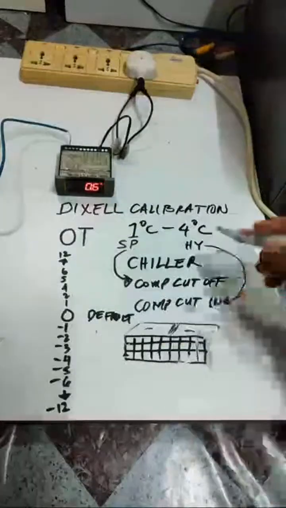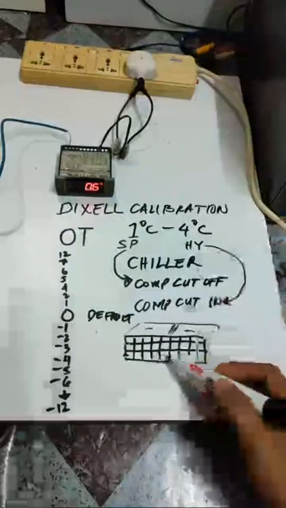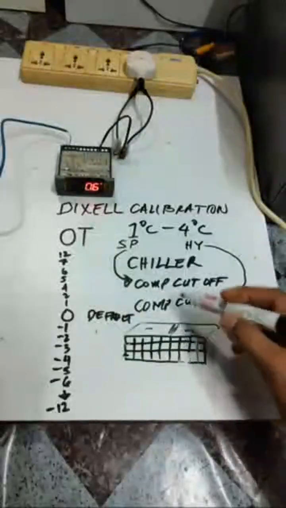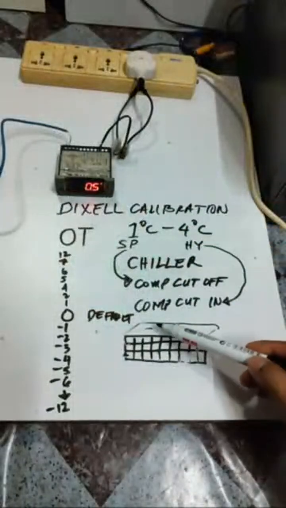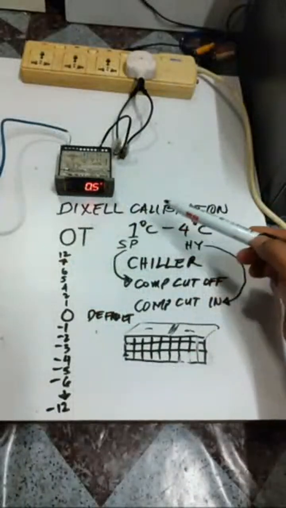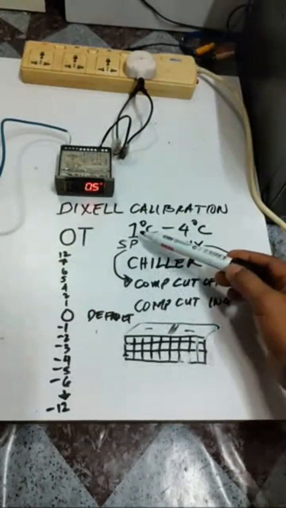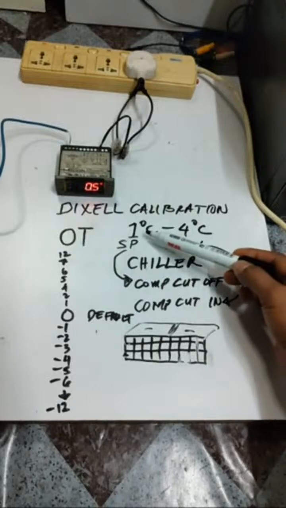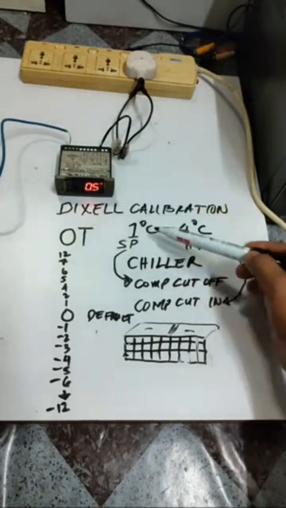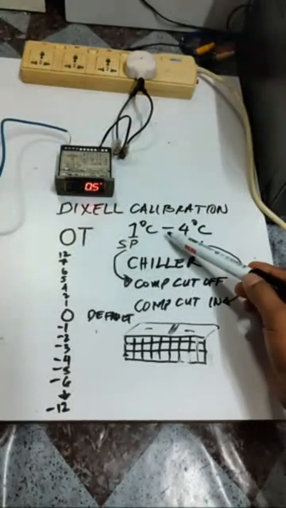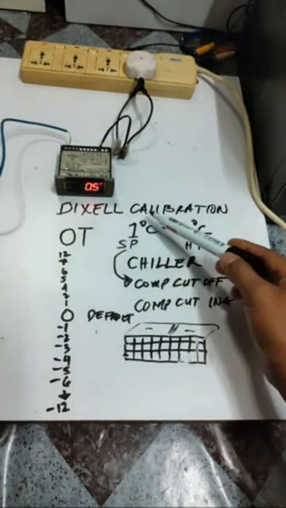Once opened, what happens to the temperature? It will escape, right? Say you open this and the value is 1, then you open it for a certain number of seconds or minutes, the temperature rises to 4 and the compressor will start and go to meet this 1 degree Celsius again.